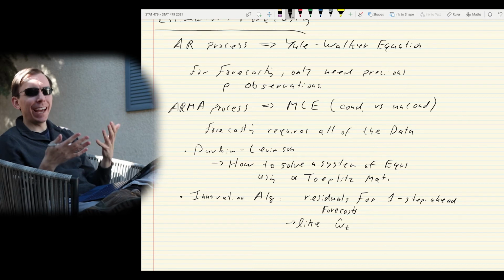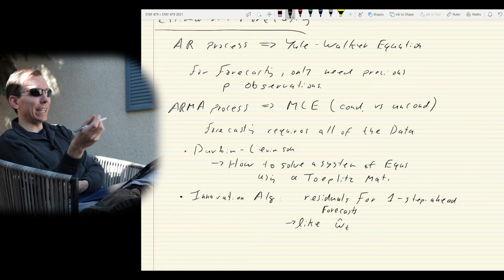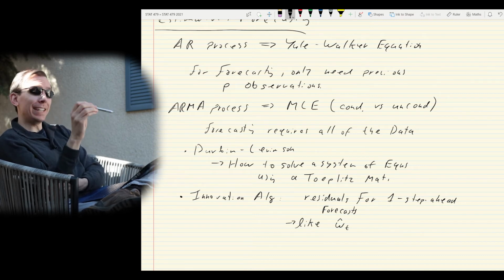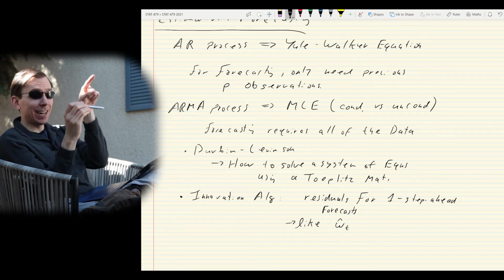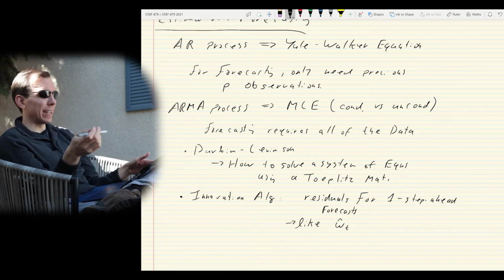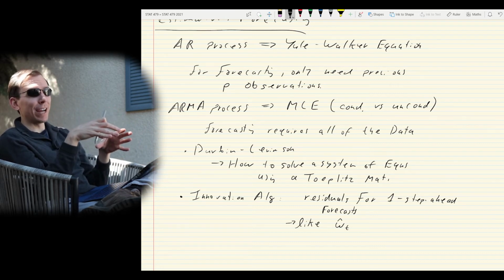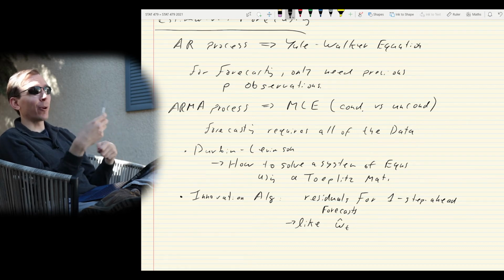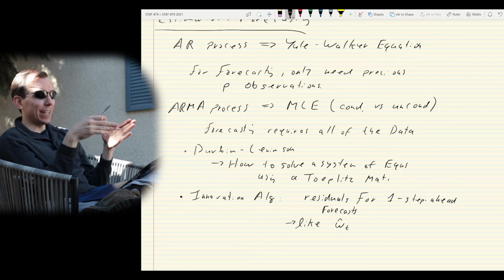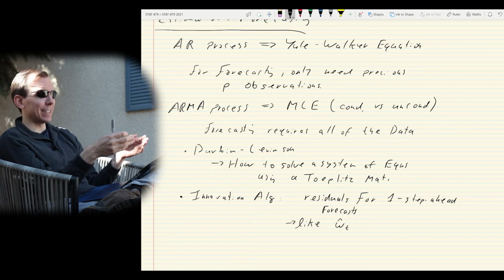The best hand-wavy way to explain it is to say that if we're looking at the difference between what we believe the t-th observation is and what we saw the t-th observation to be, what's left over is a residual. It's a lot like the white noise process. The idea being that if we try to estimate those objects, doing forecasting with respect to those innovations, those residuals, can often be easier in certain cases than trying something like Durbin-Levinson.